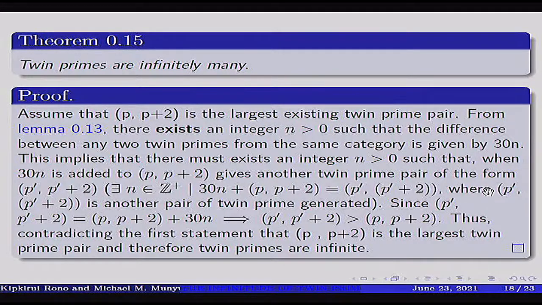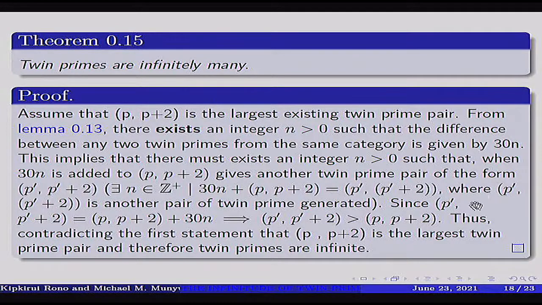Since the generated one is greater than the original, what we had assumed, that contradicts the first statement that p plus 2 is the largest twin prime.